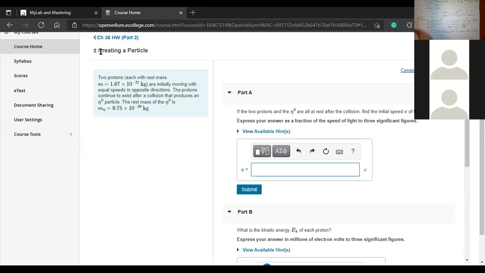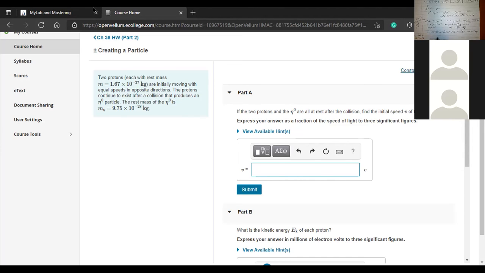Okay, so let me write those numbers down right quick. I got the mass of the protons, 1.67 times 10 to the negative 27th. The mass of the, I think I'm remembering that correctly, that Greek symbol is eta, but it might be nu. I don't think it's nu. I think it's eta. But anyways, that mass is 9.75 times 10 to the negative 28 kilograms as well.